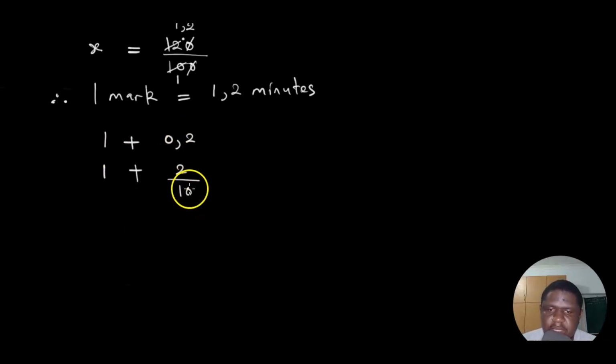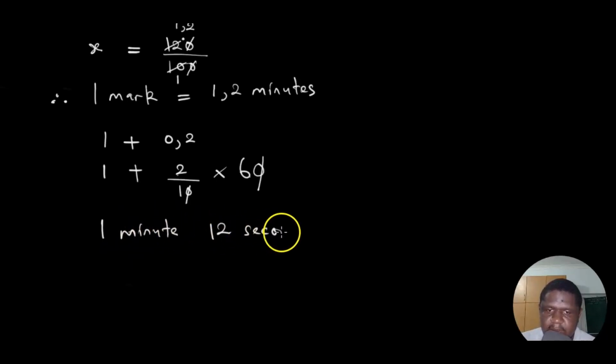To convert this decimal into its associated fraction, we multiply by 60 seconds, which is a minute. If we do this, 2 times 6 is 12, which means it's 1 minute. This is our conclusion: 12 seconds, approximately 1 minute.